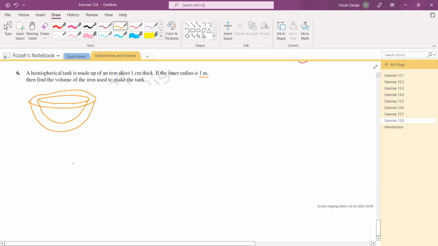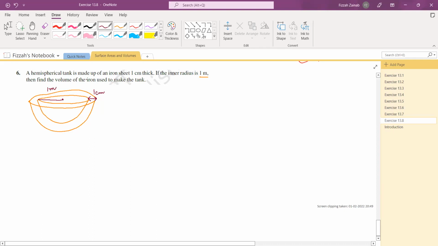Please avoid the bad drawing. Anyway, so it is saying that the thickness of the iron sheet, I mean this thickness from here to here, this thickness is 1 centimeter. All right. Okay, and the inner radius is 1 meter. So this radius, from here to here, inner radius, this is 1 meter.